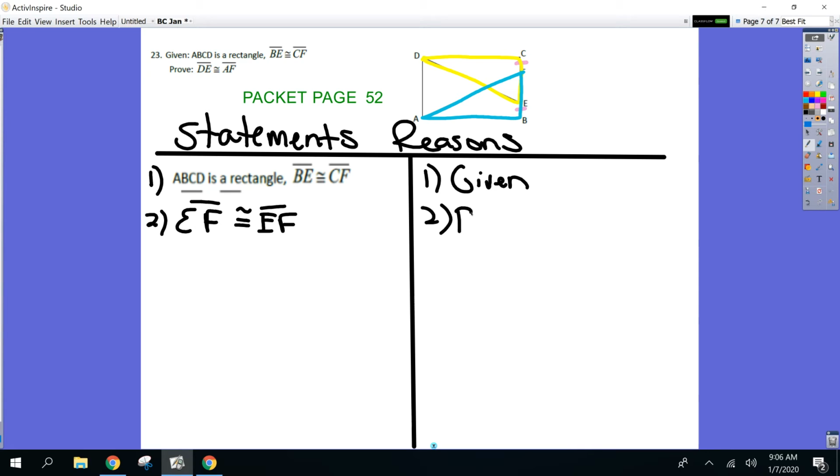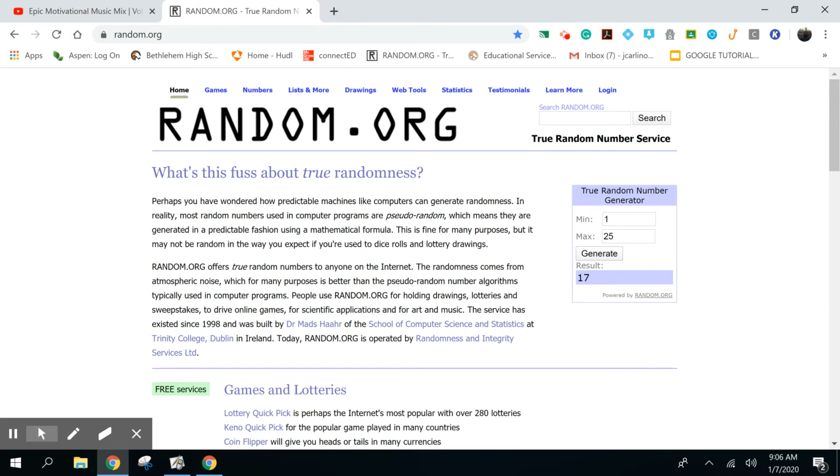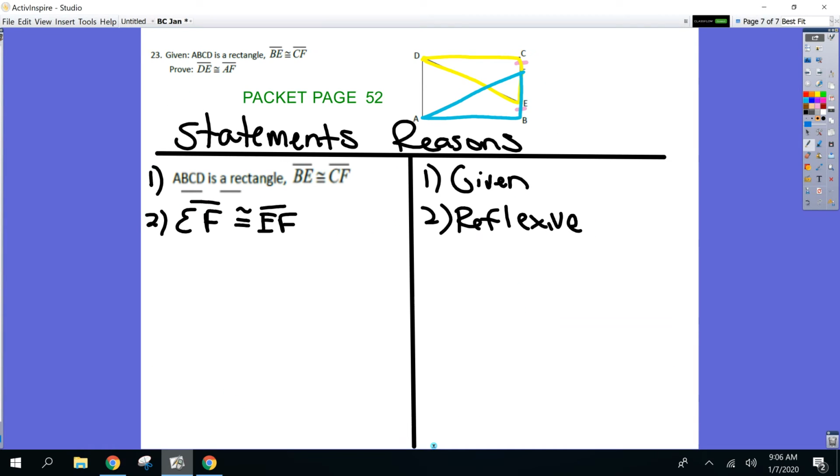That's not a full side, but it's going to get me a full side when I do what in the next step? Yes. What am I going to add, Natalie? Nice job.